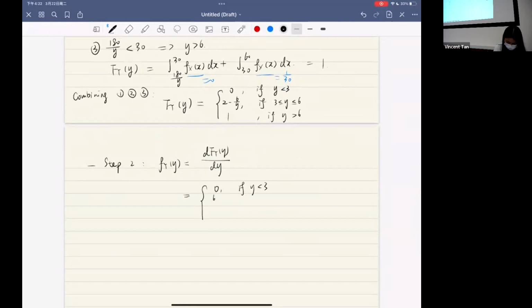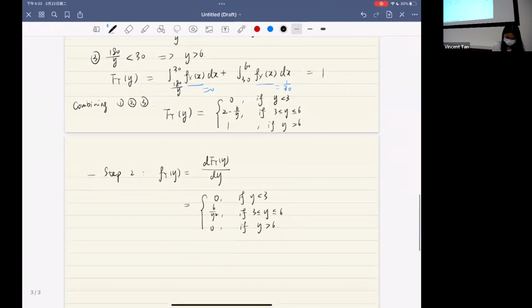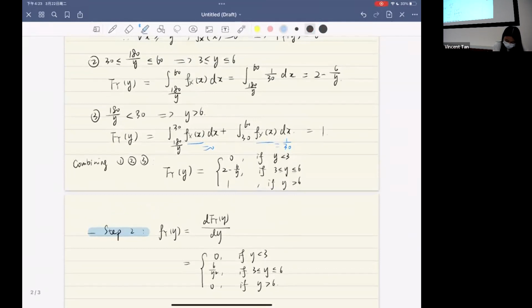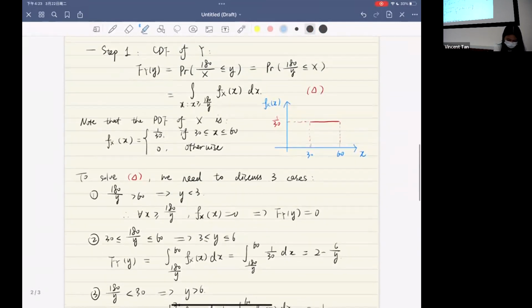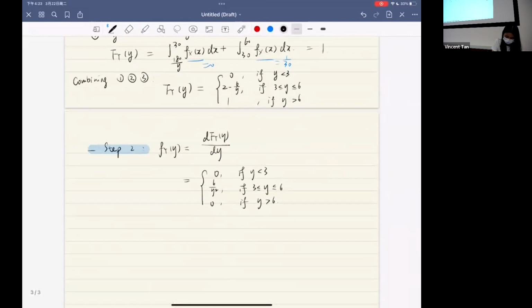It's over y squared. We see that if we follow this two-step approach, we can easily obtain the PDF of y at the end if we just follow every step clearly and correctly.